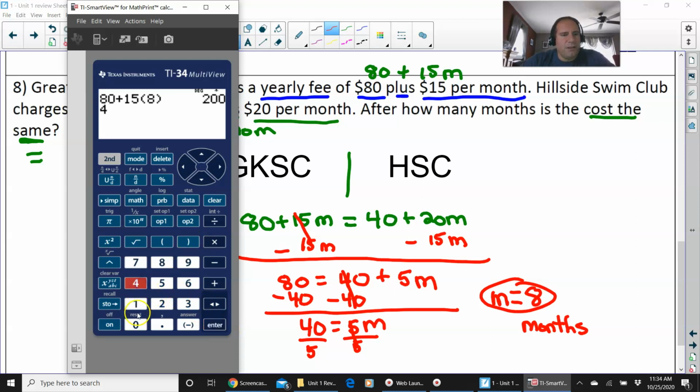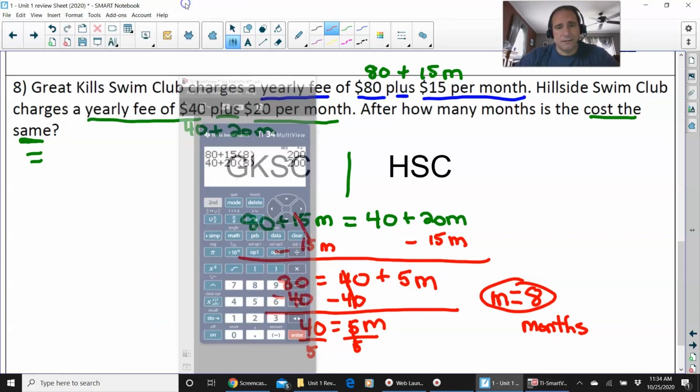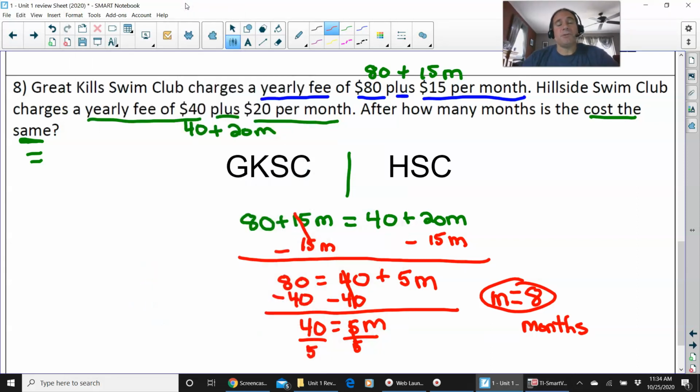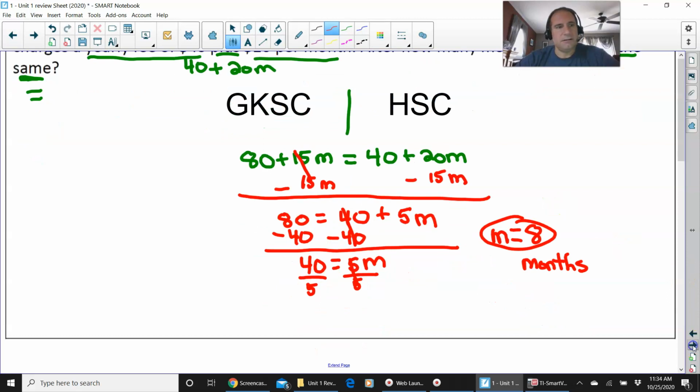And then we did 40 plus 20 times the 8. It should come out to 200. If it does, we are correct. It does. All right, so after how many months will the cost be the same? You know 8 months is correct. All right, and that is number 8.